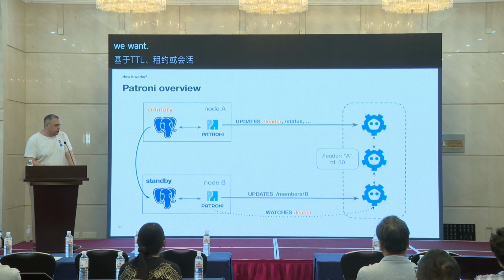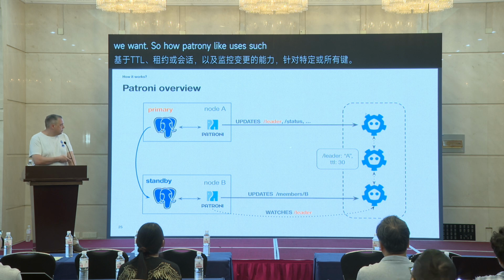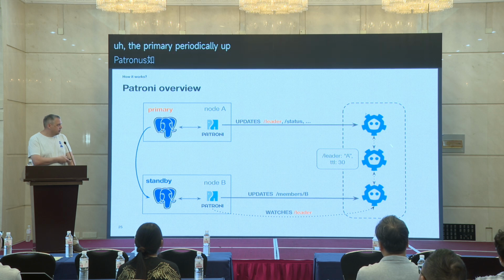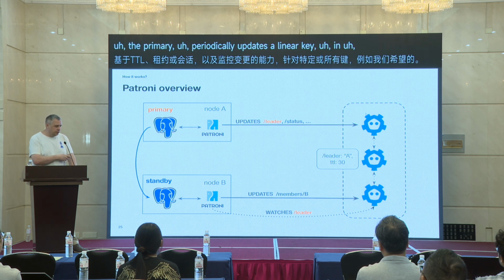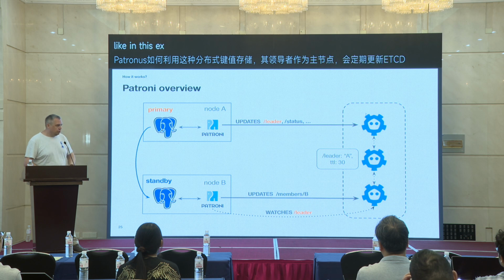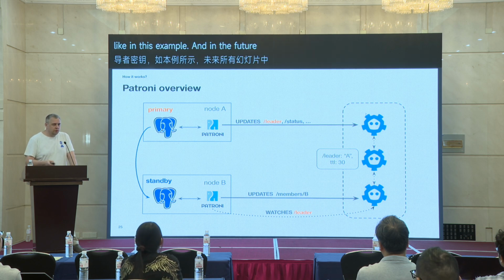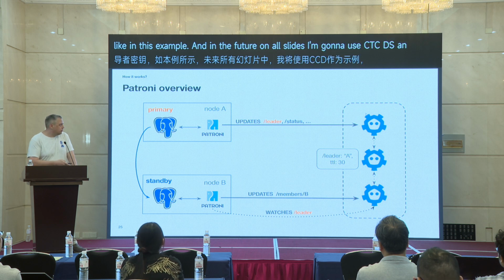So how does Patroni use such a distributed key-value store? The leader, the primary, periodically updates a leader key in etcd, like in this example, and in the future on all slides I'm going to use etcd as an example because it's less confusing and simpler for everyone.